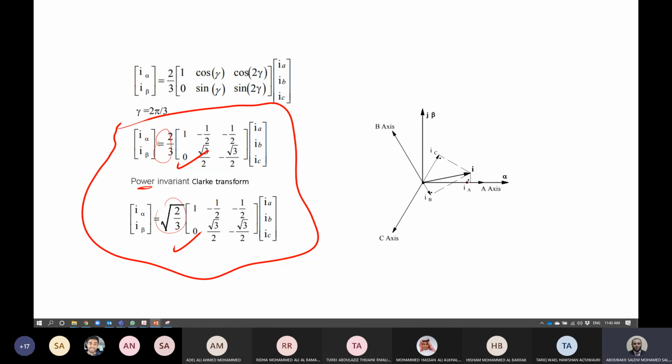So IA all of the time will be in the direction of alpha, and the beta component will be 0. And at a certain instant, if this is IB, we can now make the combination, the projection of IB in alpha and minus beta. For IC, it will have 2 components, one in the direction of alpha and one in the beta direction. From this relationship, we can obtain this matrix or this transformation. Fine.